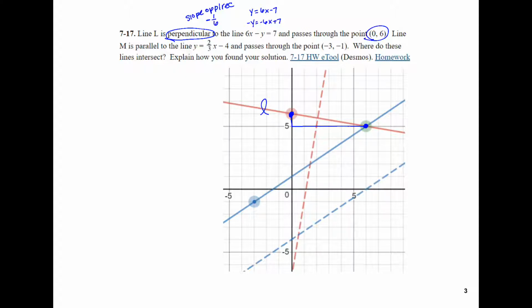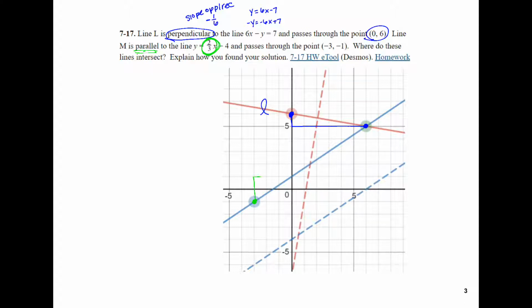Line M is parallel to the line y equals 2/3 x minus 4 and passes through the point -3, -1. So we're going to find the point -3, -1 and plot that. If we have a slope that is parallel, it means that our slope is the same of our equation.